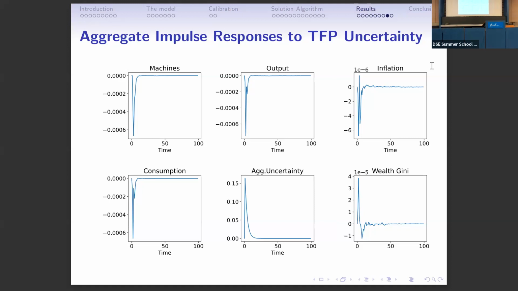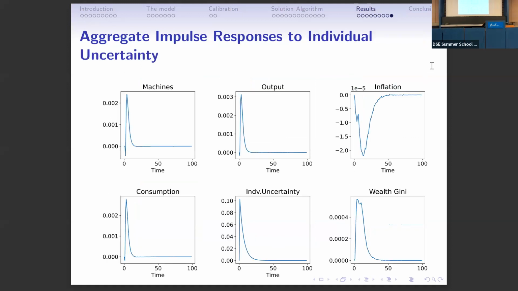If you have an aggregate uncertainty shock, output goes down, capital goes down, consumption goes down. While if you have an individual uncertainty shock, output goes up, capital and consumption go up.